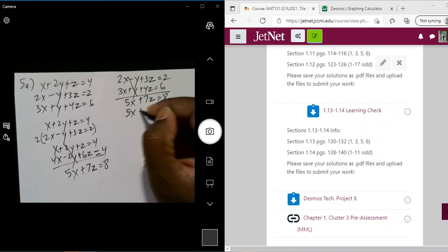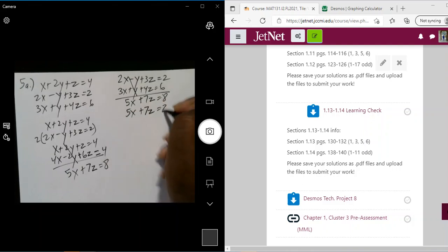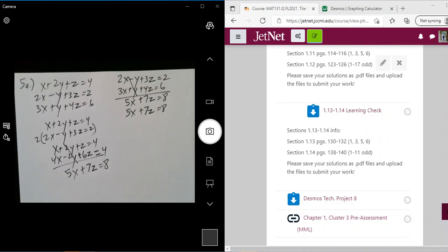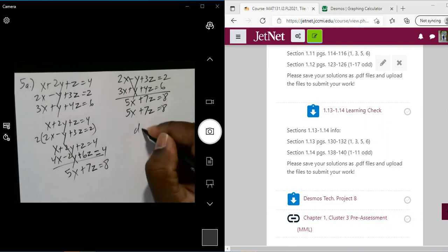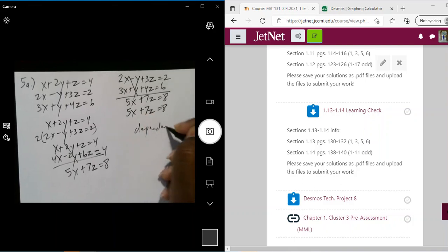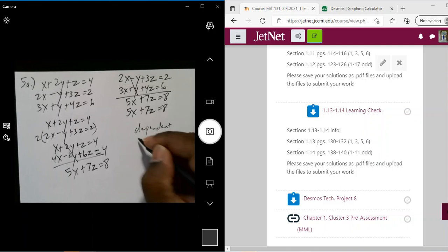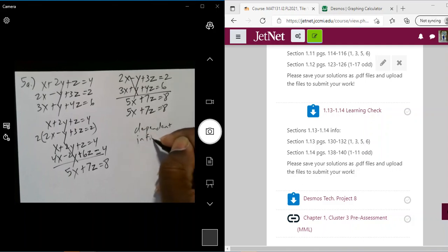So we have 5x plus 7z is equal to 8. Now, if you look here, we have the exact same equations. Whenever you have this situation, it means that it's dependent and it's infinite solutions.